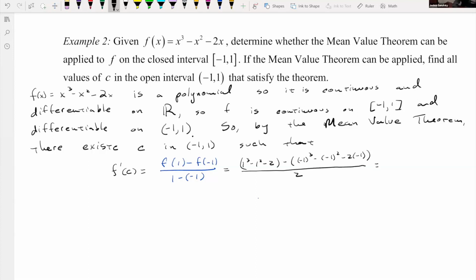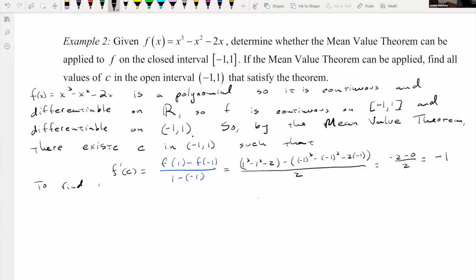And I get that to equal what? Negative 1 minus 1 is negative 2 plus 2 is 0. So that's going to be minus 0 over 2. We get negative 1. So that's the slope of our secant line.